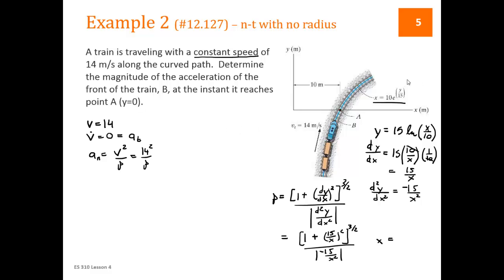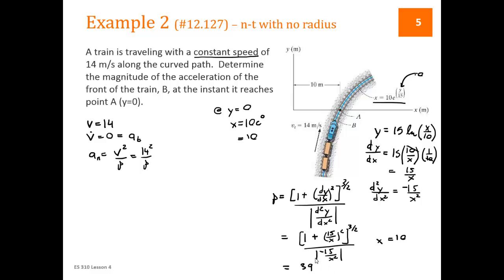So at y equal to 0, x is equal to 10 times e to the 0, which is equal to 10. So we're going to plug in x equal to 10 down here, and we get 39.